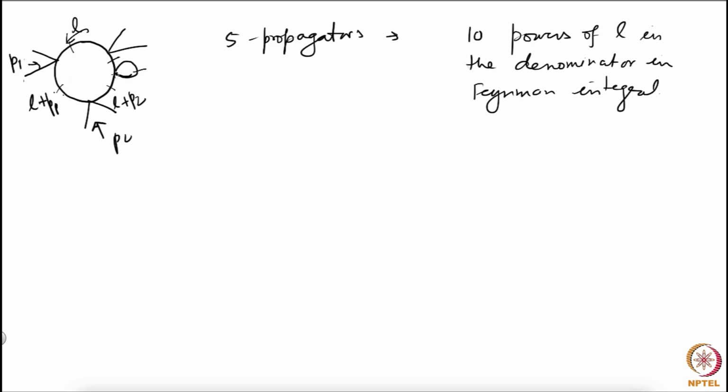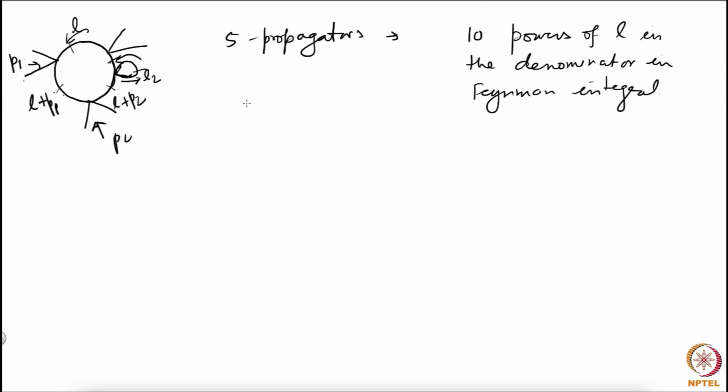Because you have 3 lines going from here. So one momentum enters, and you have 1, 2, and 3 lines. You cannot fix momentum in all the 3 lines. So let's assign this one as L2. L2 flows in like this. And now this one is determined. And then you have this one more propagator. So you have 10 powers of L.